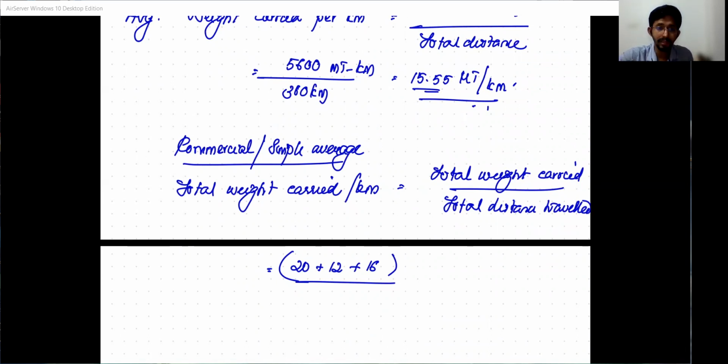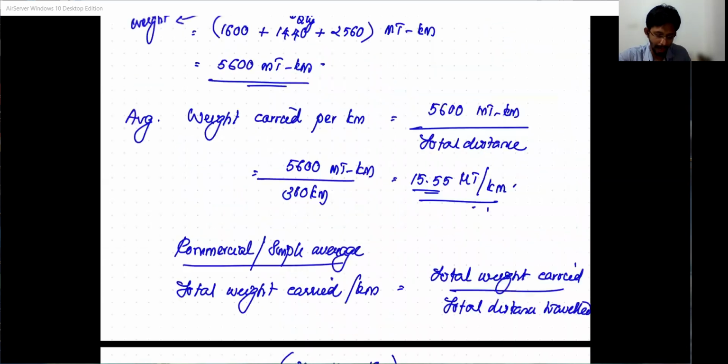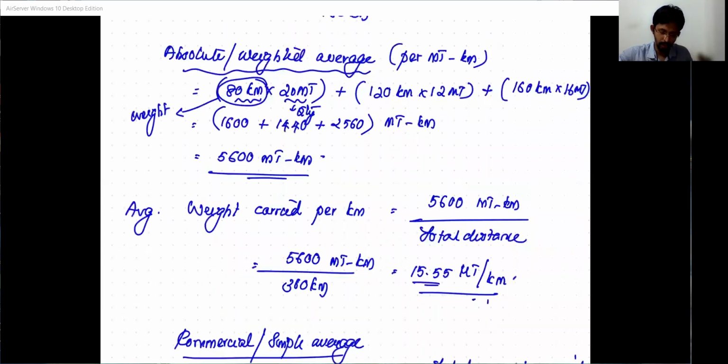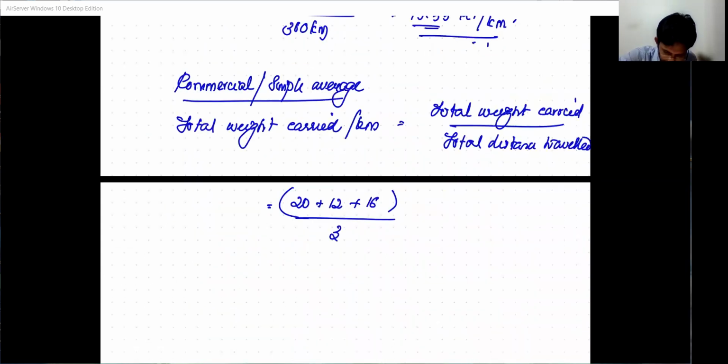Okay, now this is the total. And how many routes you had? You had actually 3 routes, 1, 2, 3. So divided by 3, that is equal to 48 divided by 3, that is 16 metric ton. Okay, it was the average.